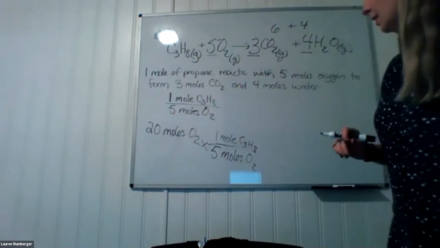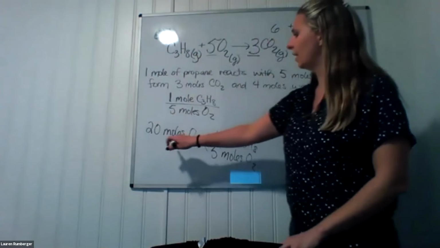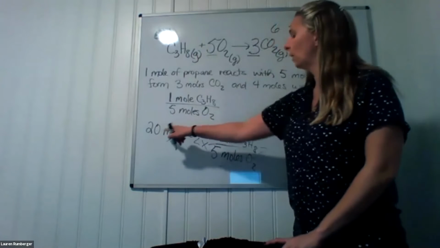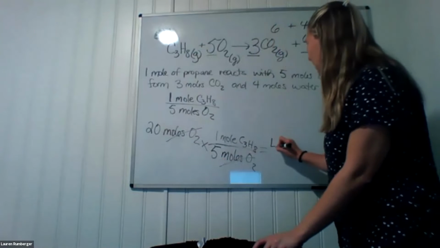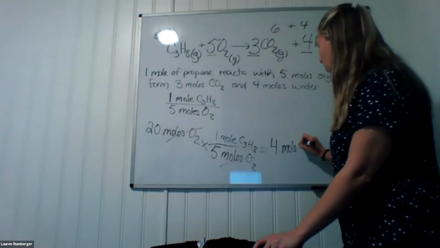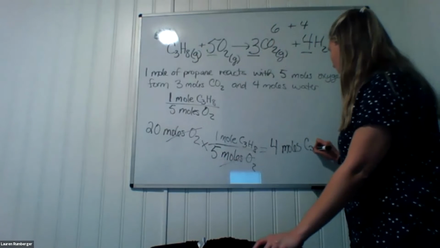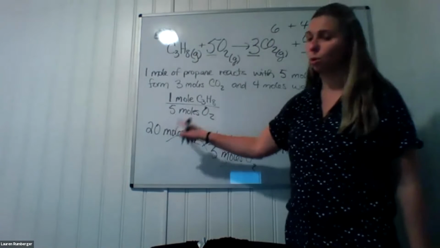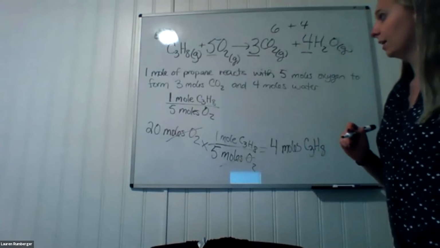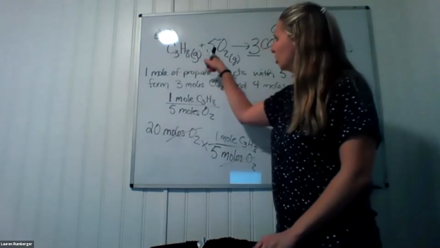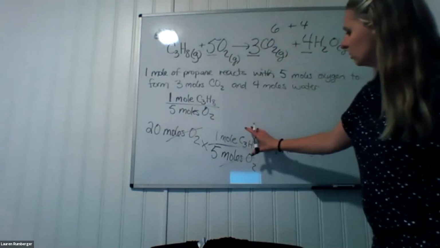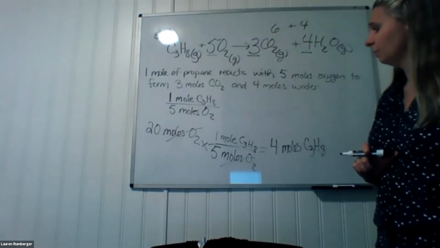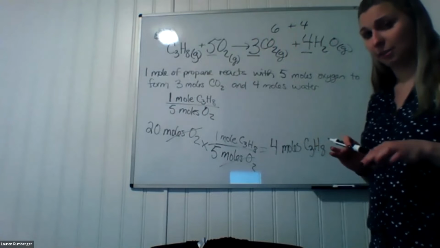So by using this as a conversion factor, we can now identify that 20 divided by 5 would tell us that 4 moles of propane would need to react with 20 moles of oxygen. Okay, so since we know this ratio, we can use that ratio to solve for the amount of propane. Okay, and we're using dimensional analysis through this.